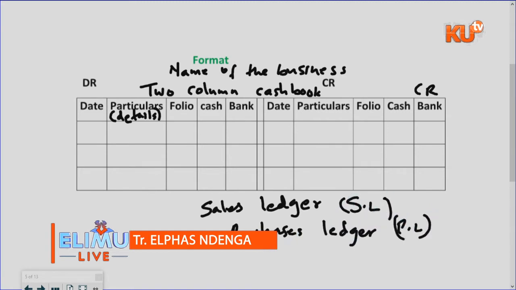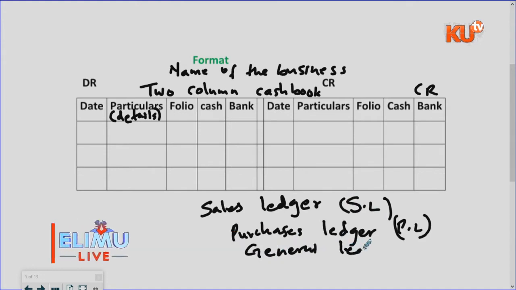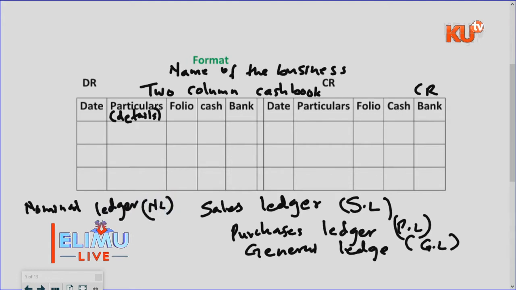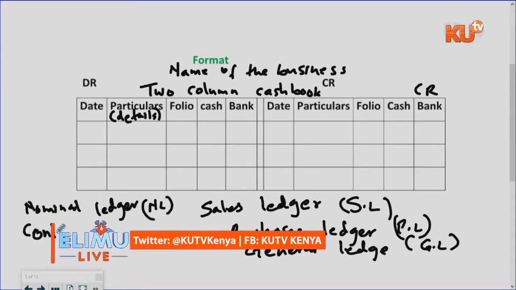We can have information from the general ledger, and we shall use GL. We also have what we call the nominal ledger, and in this case, we will use NL. And in some cases, we'll end up with what we call a contra entry. And in this case, we will use C.